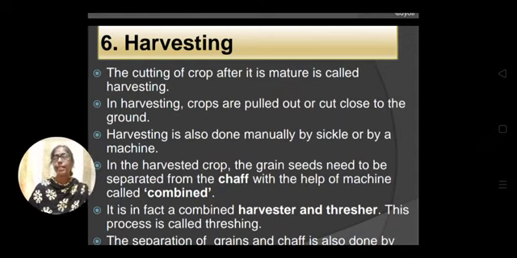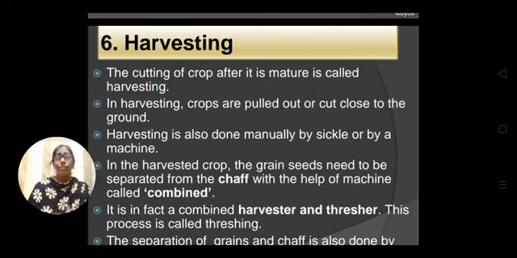You might have seen that in a paddy field, the farmers are cutting the crops close to the ground, and that is harvesting. This can be done manually by cutting them with sickles, or we can also use machines. But those who cannot afford machines can do it manually.